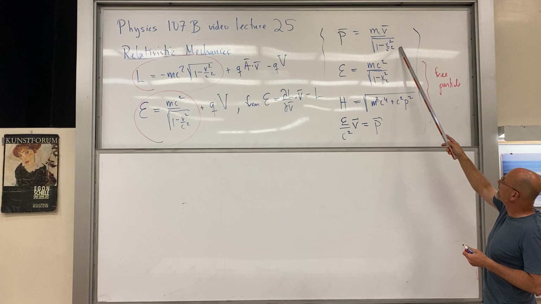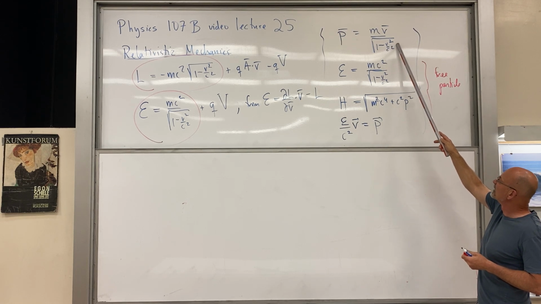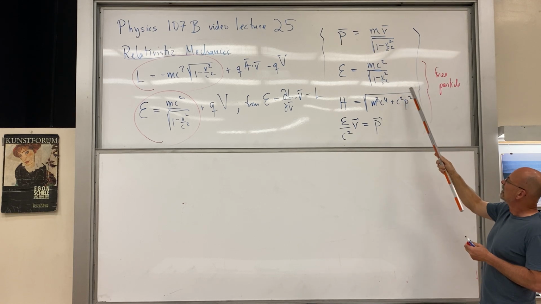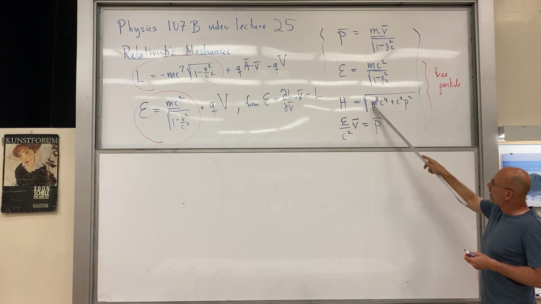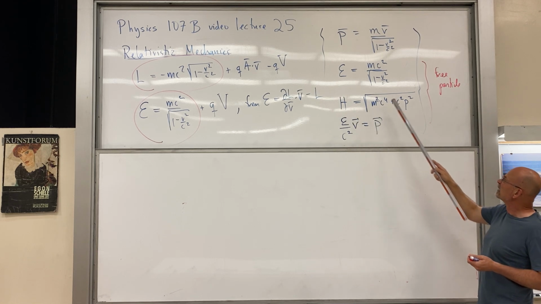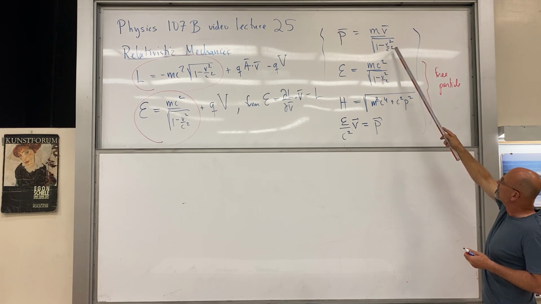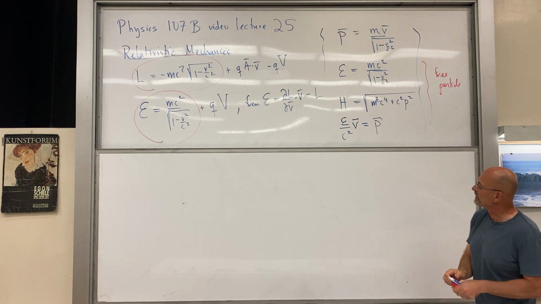So yeah, we see that property here. We're apparently forbidden to reach the speed of light, or to exceed the speed of light in particular. We saw that we can reach the speed of light if we have a massless particle, then the speed is the speed of light. But for a massive particle, we're not going to be able to reach the speed of light. So we want to do an integration of this differential equation and actually see what happens.